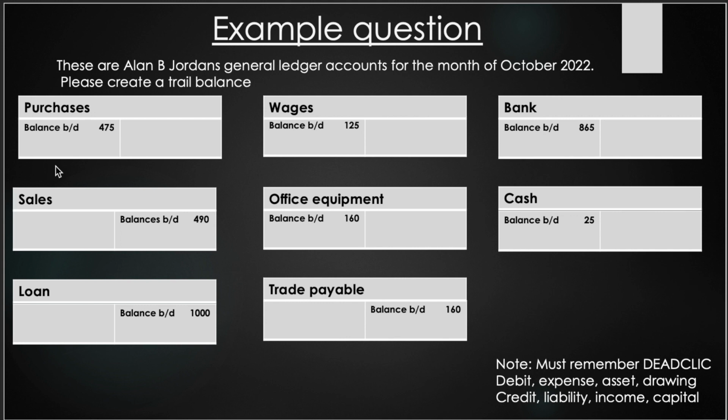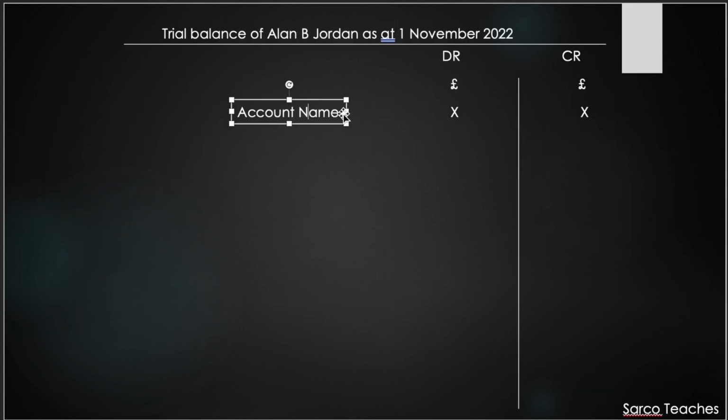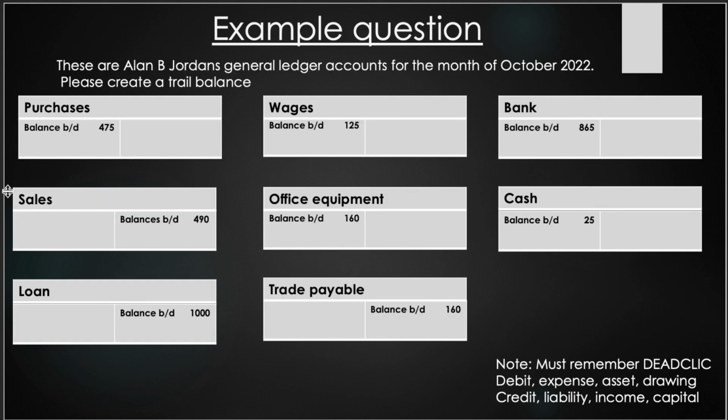Our first figure is purchases. And purchases is on the debit side with a balance of 475. So I go into my trial balance, I write purchases. Then I put 475 onto my debit side. Okay, so what's our second account? Sales. We do the same thing.